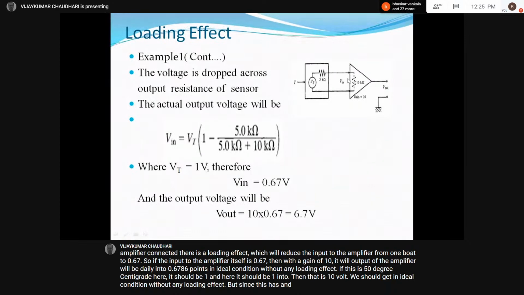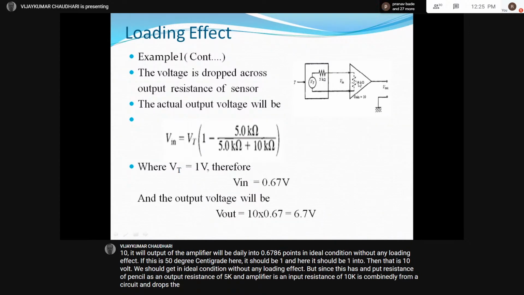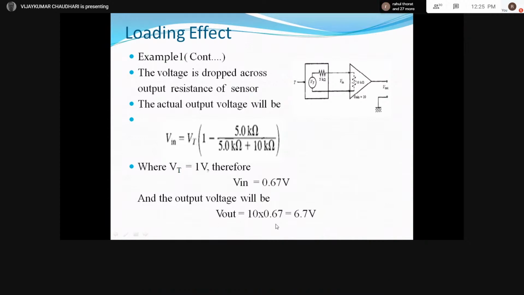These are comparable values. If this is made very less or this is made very high, suppose this is 1000K, right? This resistance, the input impedance or input resistance of the amplifier, is 1000K or 1 mega ohm. So 5K can be neglected. So 5K divided by 1 mega ohm, this term will be negligible and V in will be equal to VT and V out will be approximately equal to 10 volt in that case.